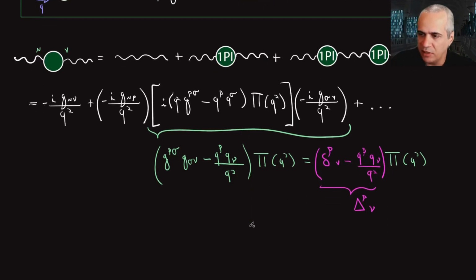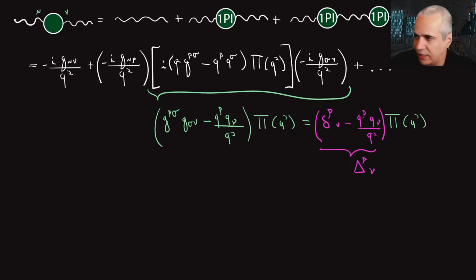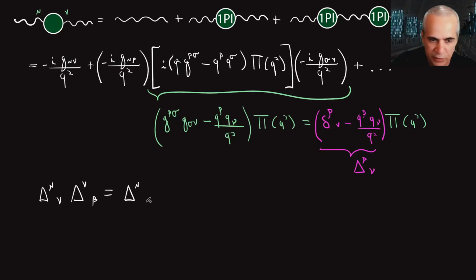And what's important to us is that this guy satisfies this important property, which is that delta mu nu times delta nu beta is just delta mu beta. So this guy squared is equal to itself, right? And that can be checked. You just contract these with itself and you see you get the same expression again, right? It's quite easy to show.